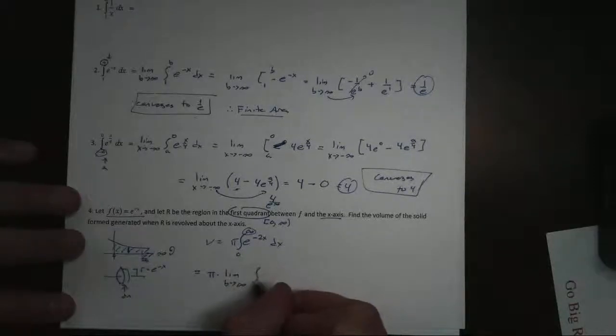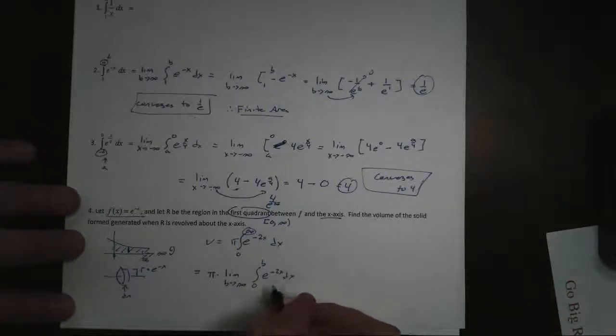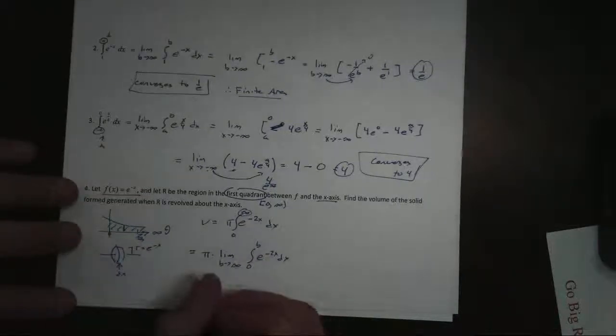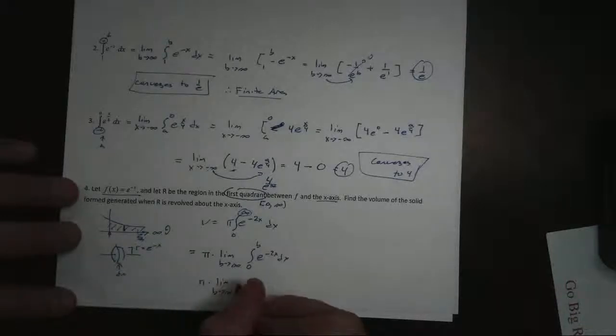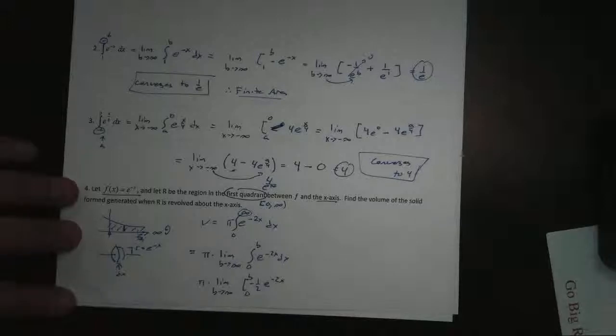When I integrate this one, now we can go from 0 to b, e to the negative 2x, dx. And I can integrate this. Pi, keep it on the outside, limit as b goes to infinity of negative 1/2 e to the negative 2x from 0 to b. And there's our antiderivative.